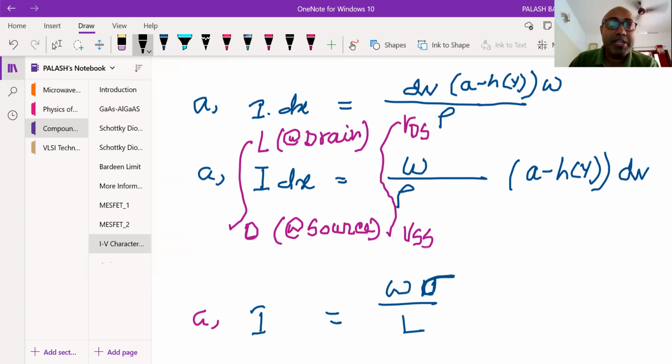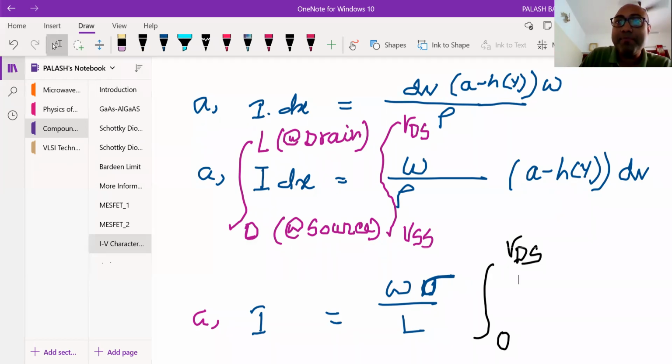We have a voltage limit, VSS, which I said my source is ground. So VSS is 0 voltage, and it is VDS. So no issue. But I have a voltage limit, and on the right side, all this part is nothing but my length, right?